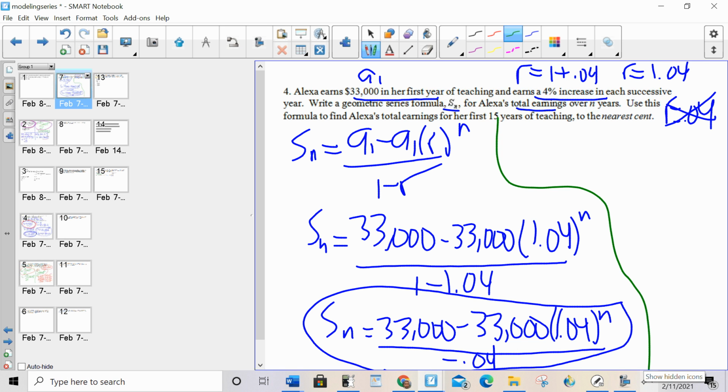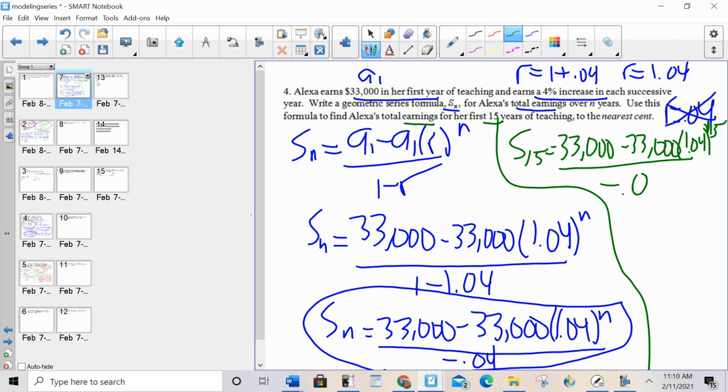Now, find her total earnings after 15 years. So S15 is 33,000 minus 33,000 times 1.04 to the 15 over negative 0.04.